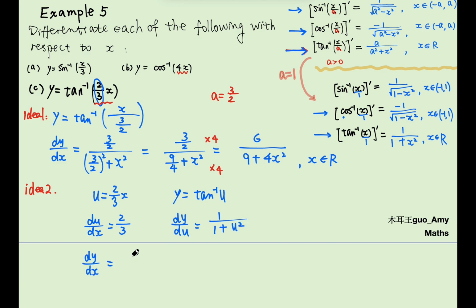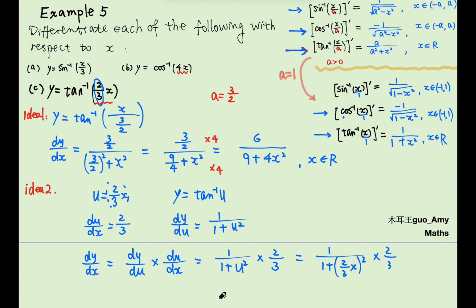By the chain rule, dy/dx equals dy/du times du/dx. And then we substitute the relative derivatives to get 1 over 1 plus u squared times 2 on 3. Then u will be replaced by 2 on 3 x, and we will have 1 over 1 plus 2 on 3 x all squared, times 2 on 3.